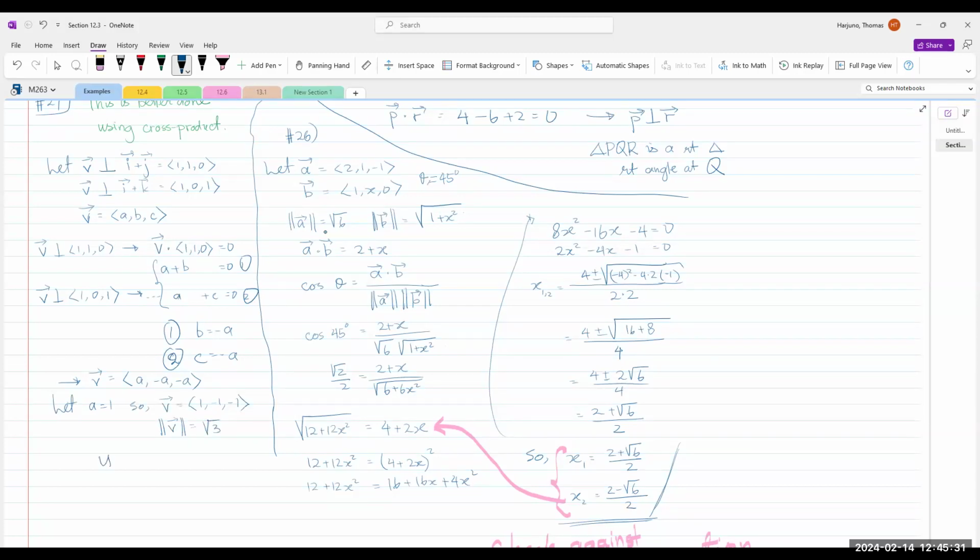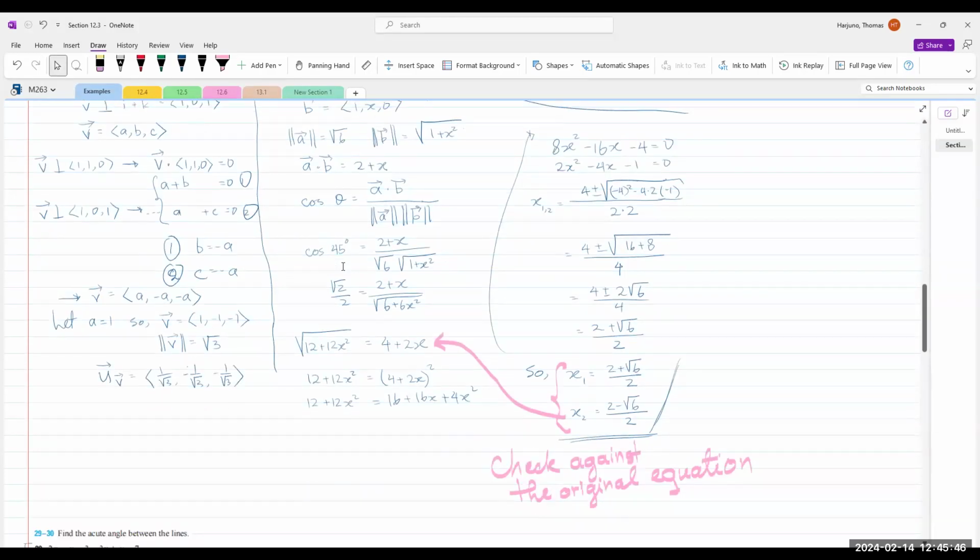So the unit vector we are looking for is (1/√3, -1/√3, -1/√3). This is one of them. The other one will be the opposite. If I rationalize the denominator, this is (√3/3, -√3/3, -√3/3).